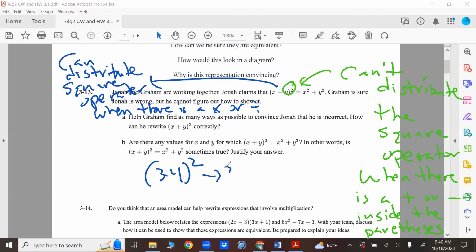Because you could write it as 3 squared times 4 squared, which still gets you the same thing if you follow PEMDAS. So that'd be 9 times 16, which is 144. Or you do 12 squared, which also equals 144. So in this case, you can if there's a times inside or division. But you can't when there's a plus.